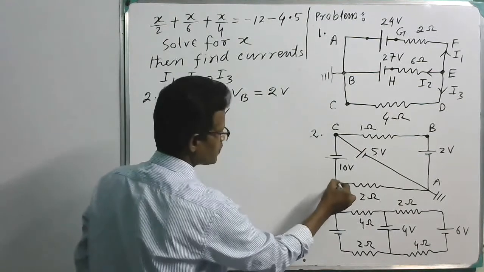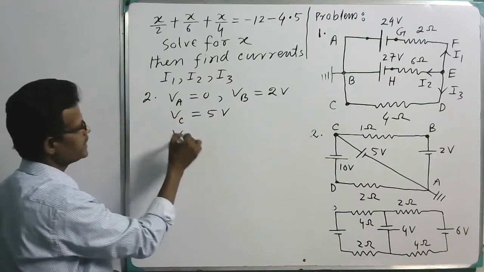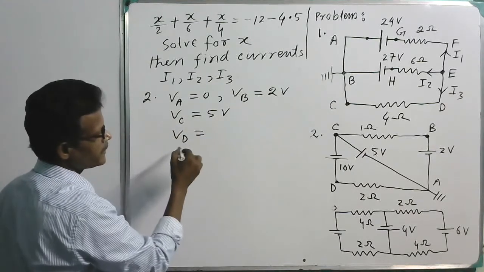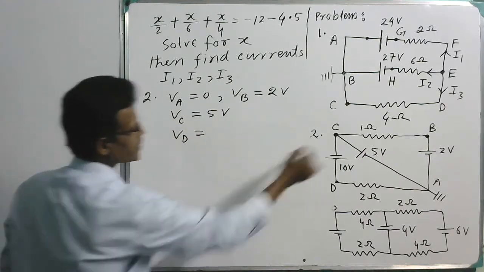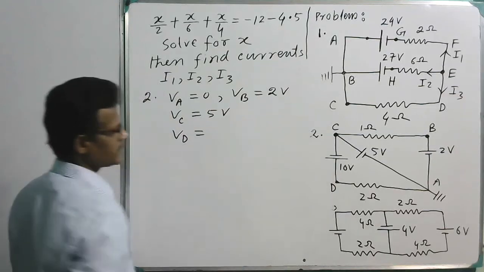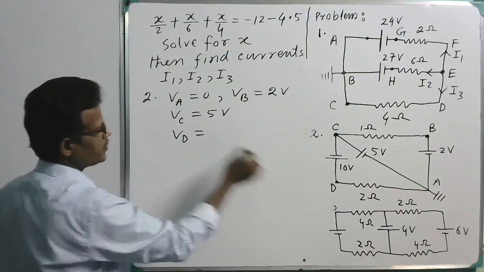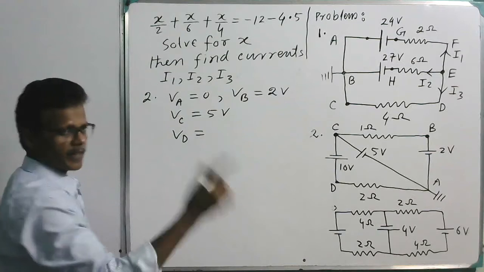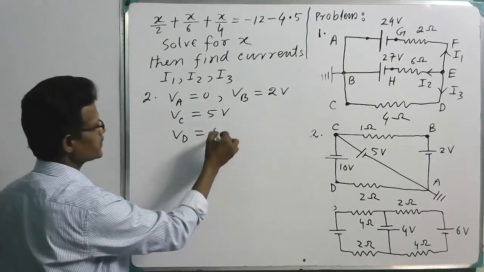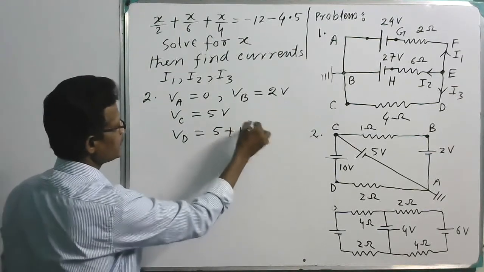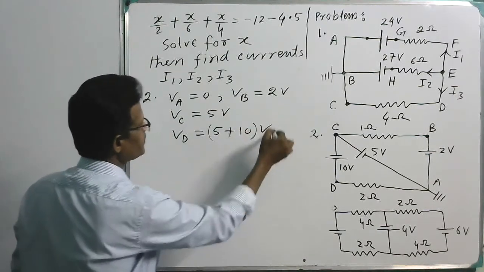So this point also you have VD. This is lower potential, this is higher, so it will be 5 plus 10, that means 15 volt.